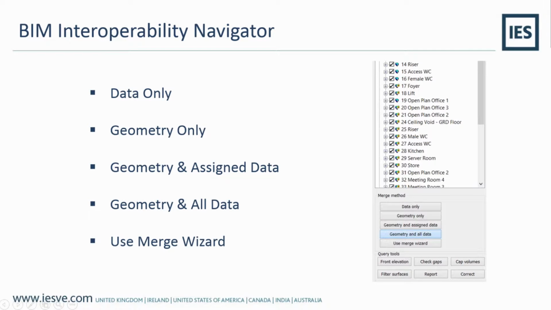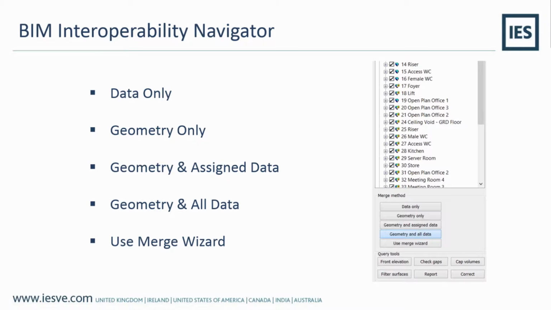So the final part, this is coming out in the next few months. We understand the workflow and the process that we need to achieve. At the moment, the fourth option there, geometry and all data, is what comes across within the gbXML. But we want to be able to control this so that you can actually choose what you want.